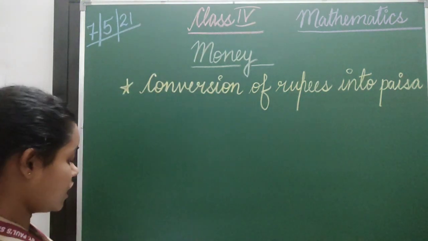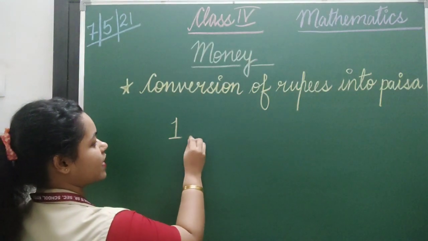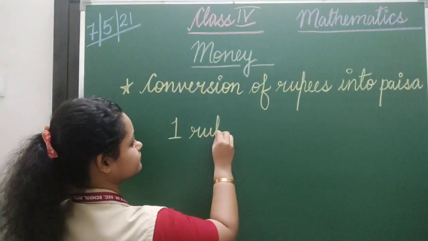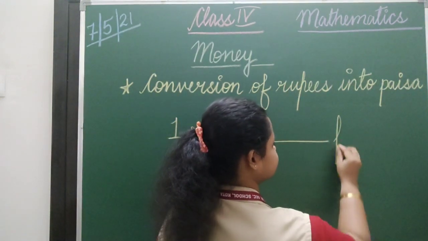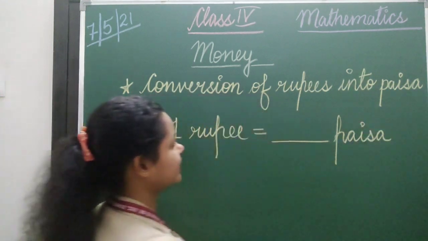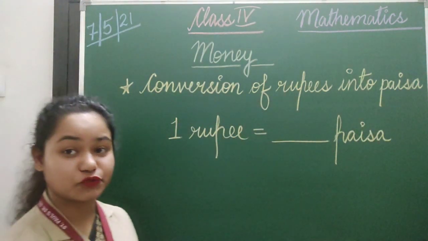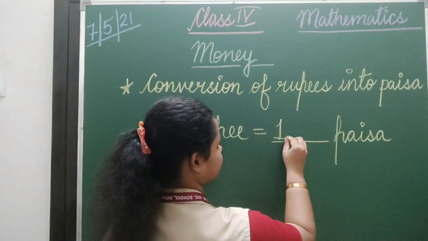As you all know, 1 rupee is equals to how many paisa? 100. Very good.